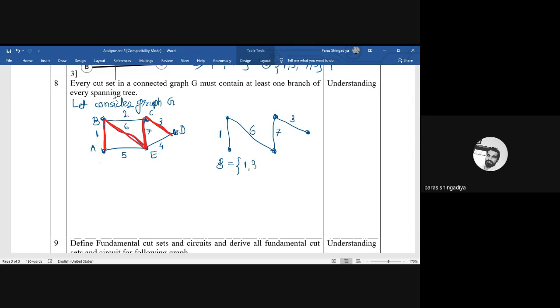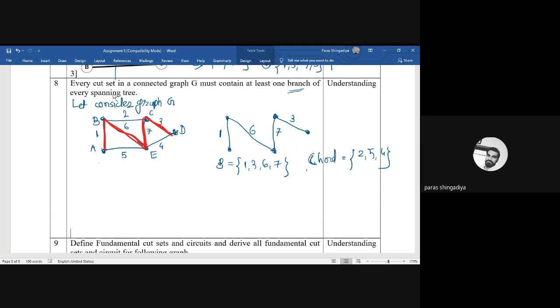So 1, 3, 6, 7 are the branches. Okay, and which edges are the chords? We just consider branches here, chords are not given. So 2, 5, and 4 are the chords, and branches are 1, 6, 7, 3.